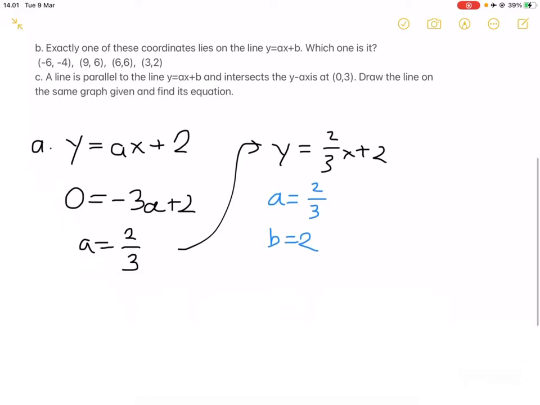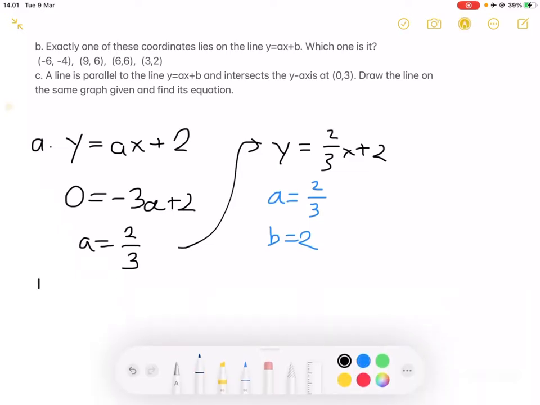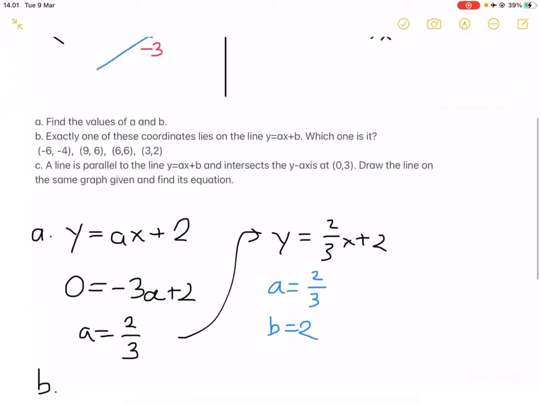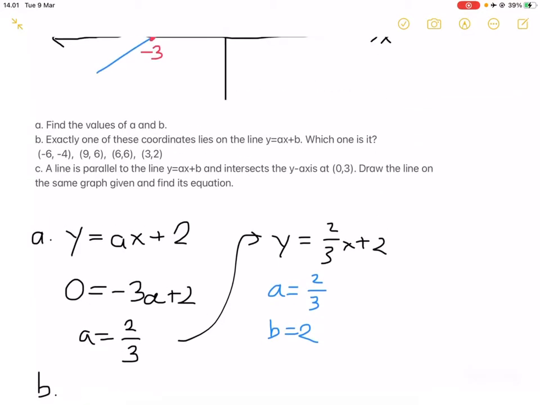Alright, and for part b, exactly one of these coordinates lies on the line y equals 2 over 3x plus 2. Which one is it? Well, notice that we can just plug in each corresponding x and y value to see which one is true.